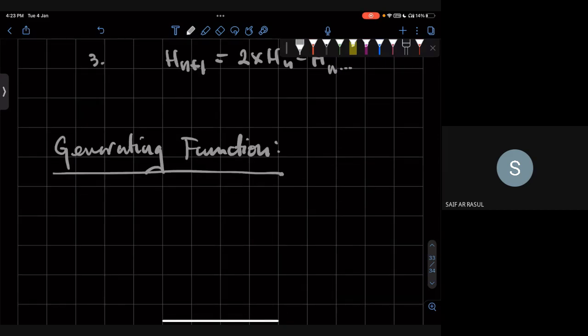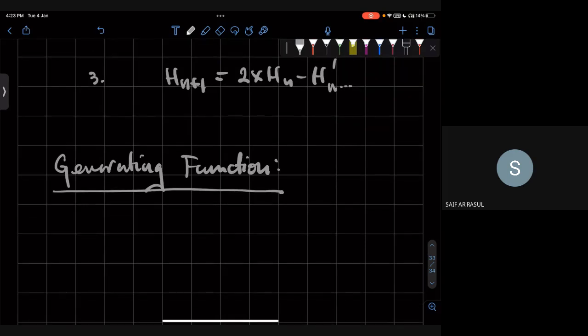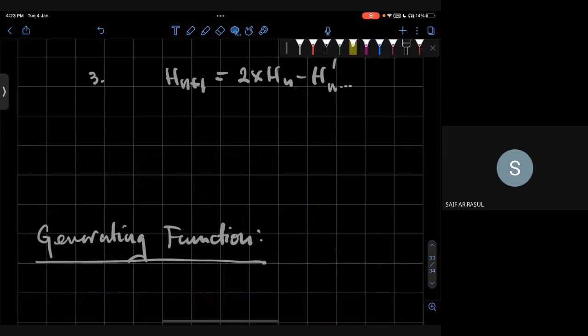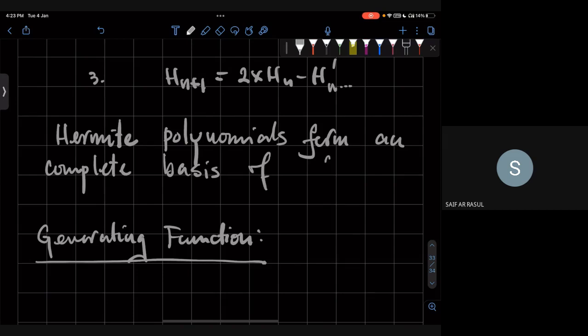Before I say that, let me make another comment about the Hermite polynomials: they form a complete basis of functions.